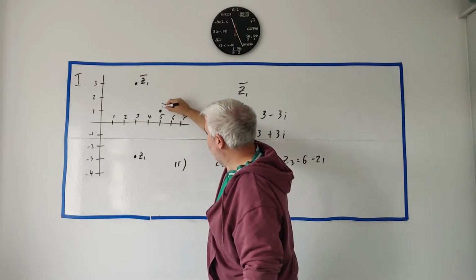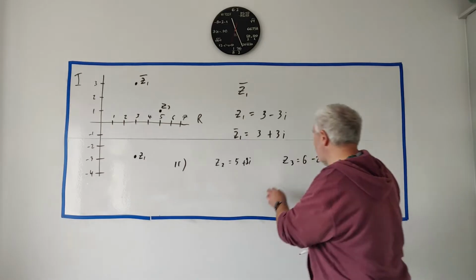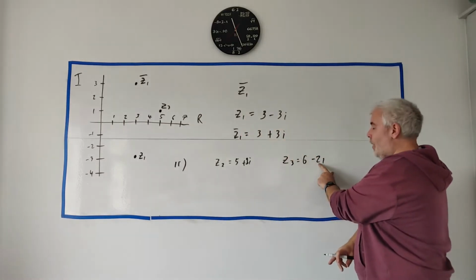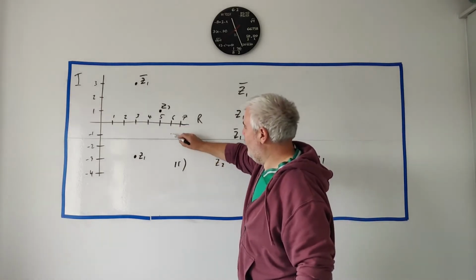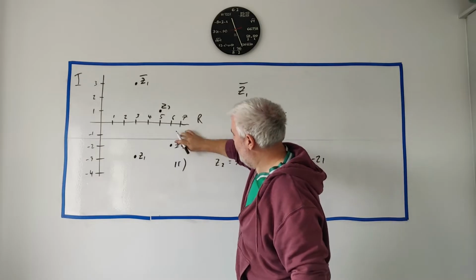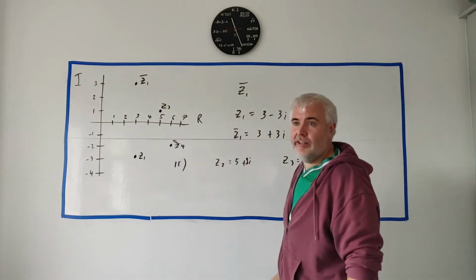And label it Z2. Okay, 6 minus 2i. 6 on the real. Minus 2 on the imaginary. Label it Z3. Apologies for that writing.